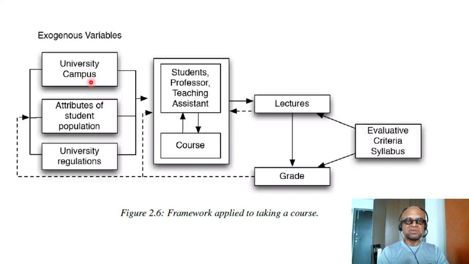University campus is one, attributes of the student population is another, and university regulations as to how the schedules are set, who teaches which course, what the attendance requirements are, what the uniform or clothing may be, what may be allowed, what may not be allowed, what types of fees you have to pay, whether you get financial aid.